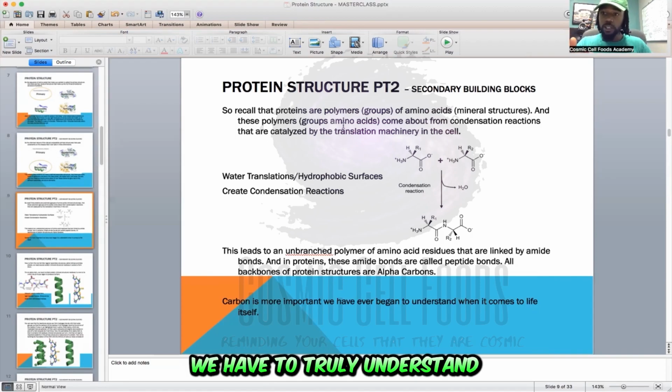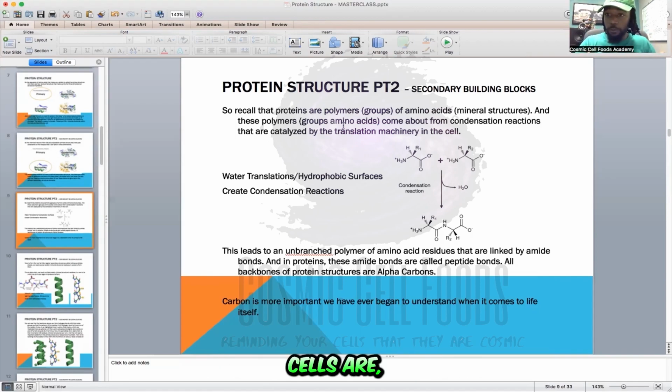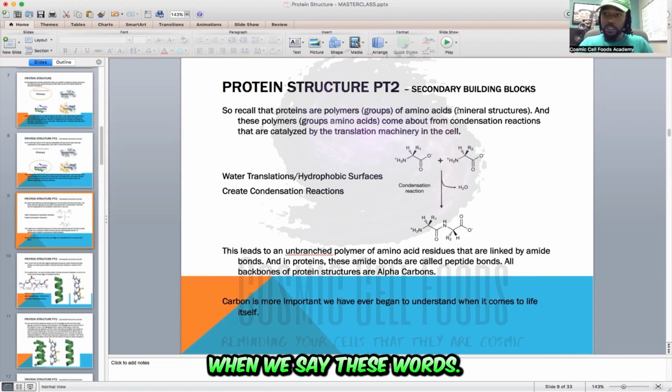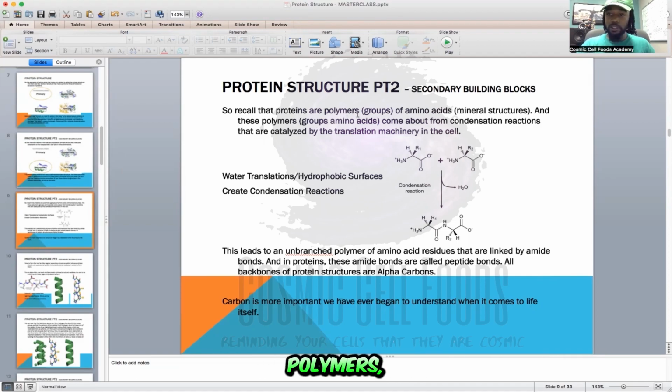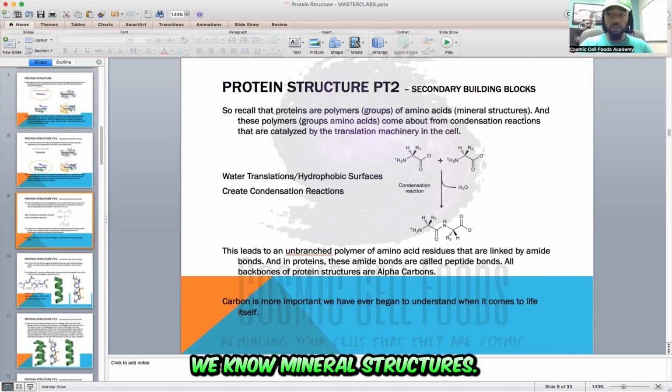So when we say polymers, just think of groups of amino acids. And amino acids, we know, are mineral structures.